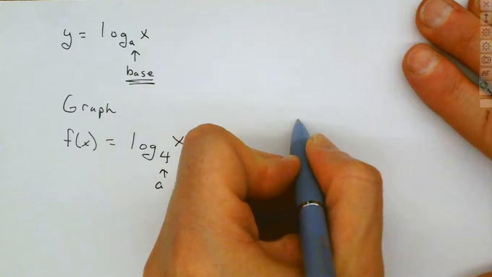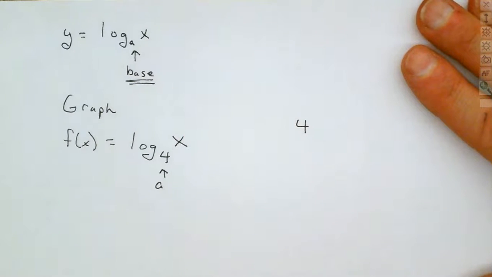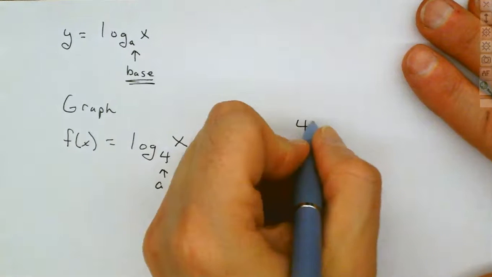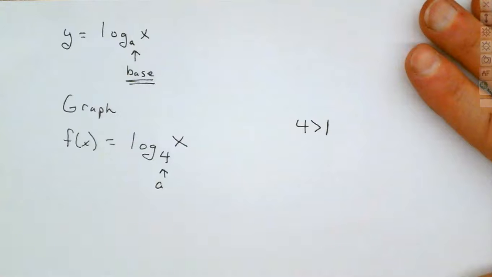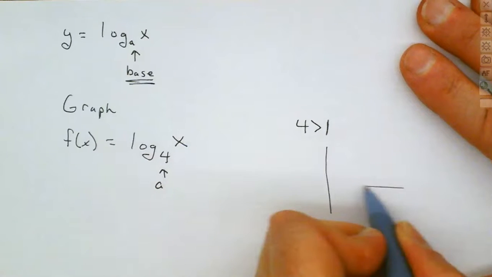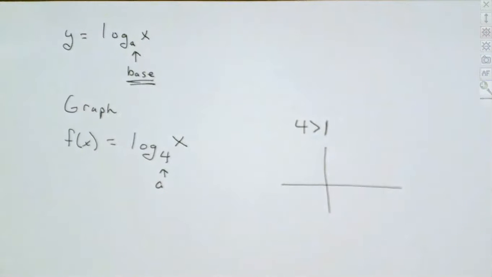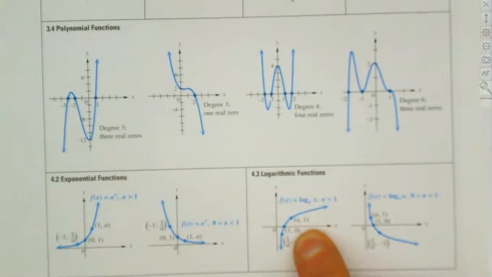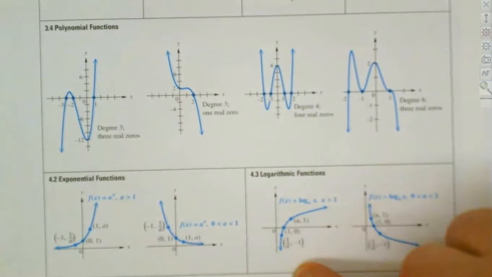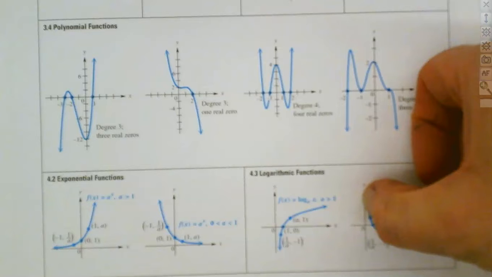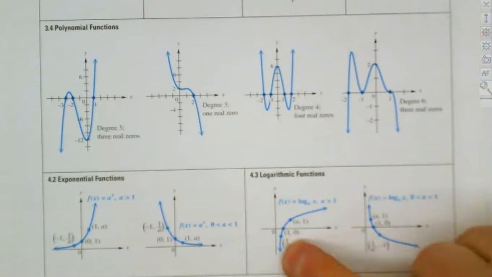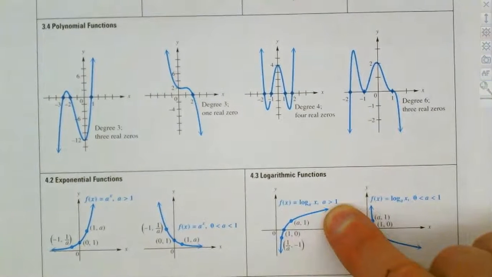Now, what do we know first? Just like we did with exponentials, we have to look at our base. Is 4 bigger than 1? Yes. So when we draw our picture, which one is it going to look like? Okay, 4 is bigger than 1, so it looks like that one, doesn't it? See how it's curved? That one goes up. This one is fractions and it goes down. So my picture is going to look like this.